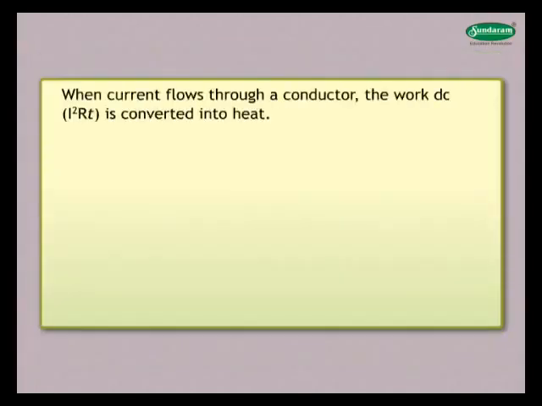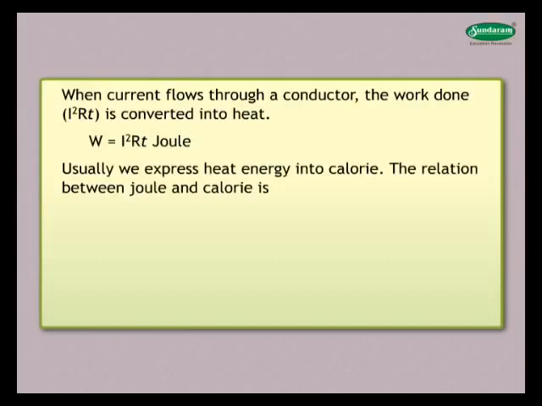When current flows through a conductor, the work done I square Rt is converted into heat. W is equal to I square Rt joule. Usually we express heat energy in calorie. The relation between joule and calorie is 4.18 joule is equal to 1 calorie.